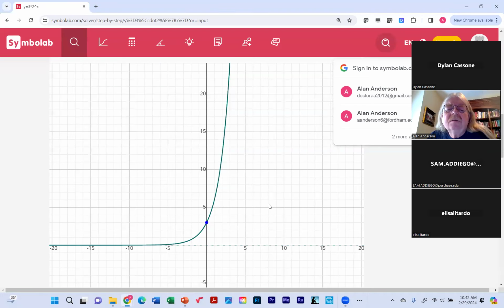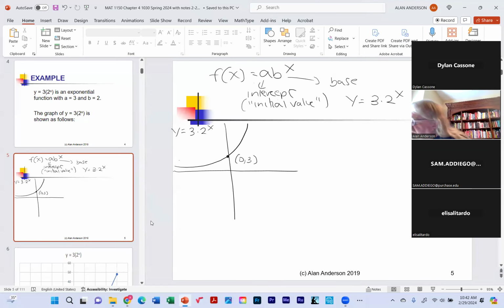Now, I want to mention a couple of other things here. First of all, if you notice how Symbolab has these dashed lines, they want you to recognize that this is actually an asymptote. The reason for that is that the function will never quite reach 0.